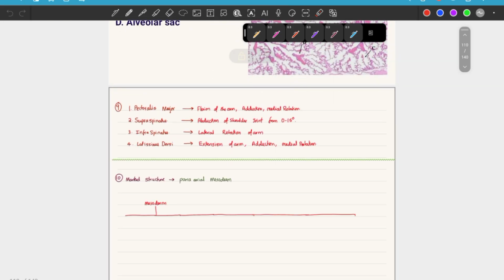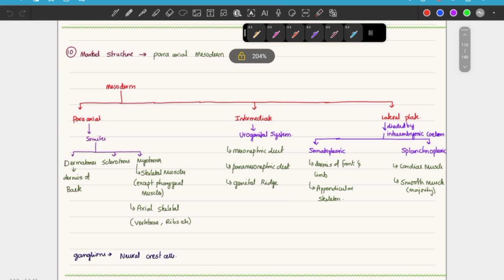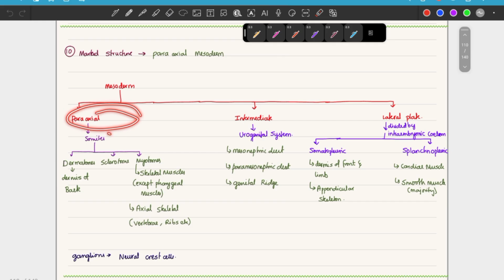See, you can see here, mesoderm is divided into paraaxial, intermediate, lateral plate. Paraaxial gives somites: dermatomes, sclerotomes, myotomes. Myotomes means skeletal muscles, and skeleton also, that is axial skeleton. Dermatomes give dermis of back.